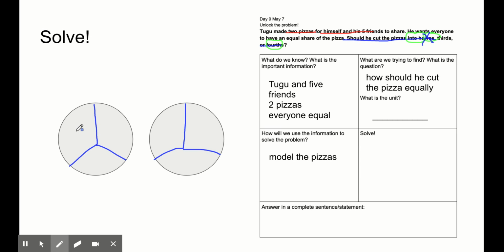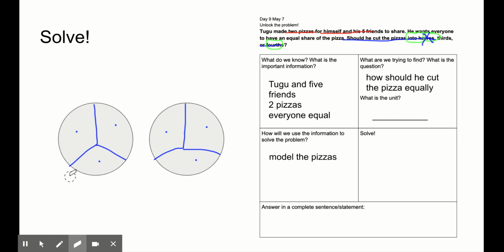All right. Will each friend get the same amount? 1, 2, 3, 4, 5, 6. Yeah, it looks like everyone will get about the same if Miss White could draw better. So it could be thirds.